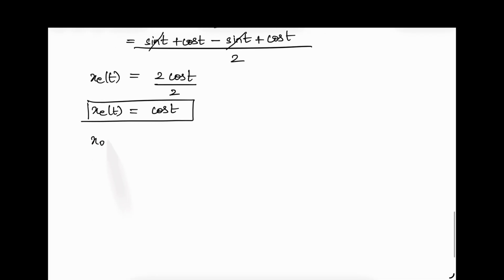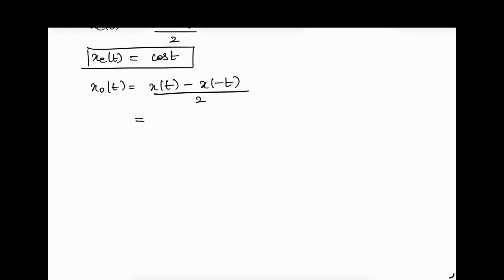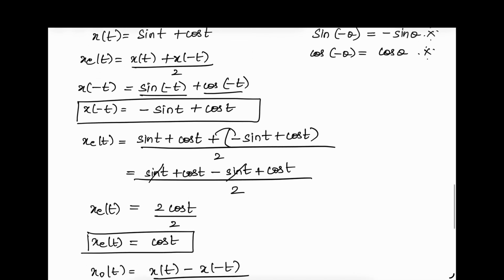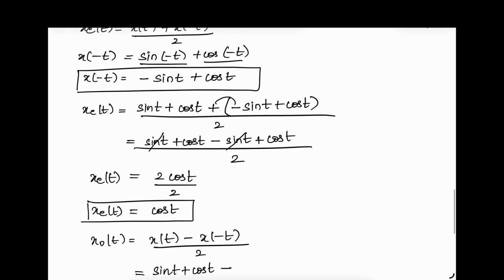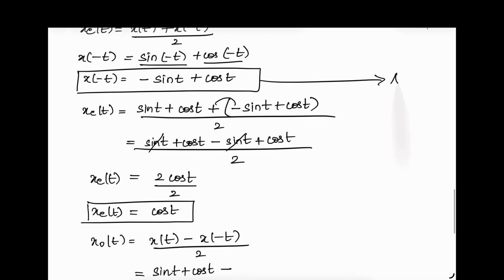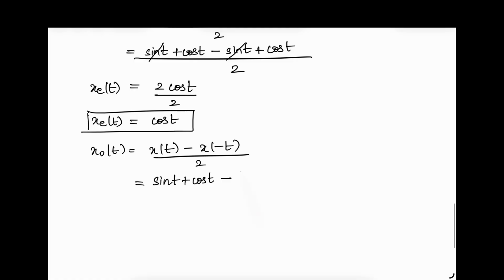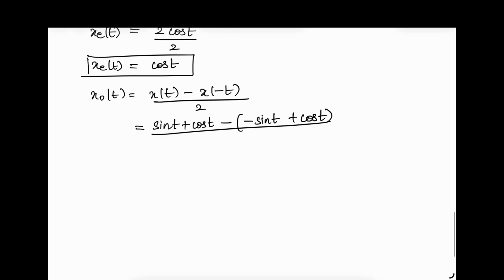So what is the formula for odd? X odd of t is equal to x of t minus x of minus t divided by 2. So from the question, what is x of t? Sin t plus cos t. So this becomes sin t plus cos t minus, so we have already computed x of minus t. What is x of minus t? Minus sin t plus cos t. Okay, so what happens? Divided by 2.